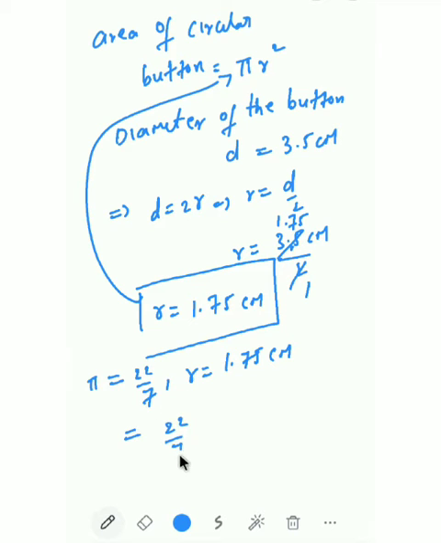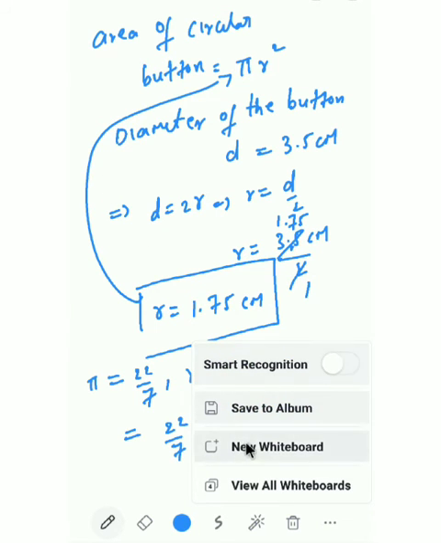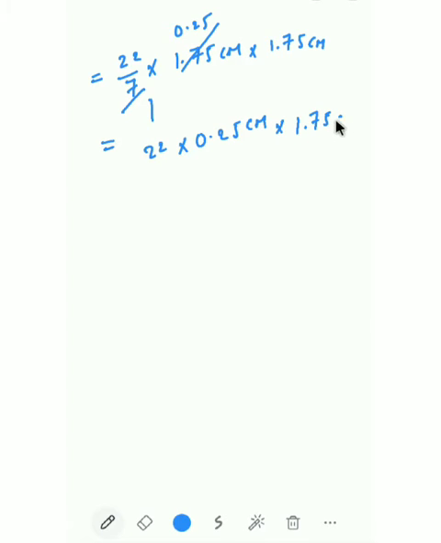So 22 by 7 into 1.75 centimeters whole square, that is 22 by 7 into 1.75 into 1.75. 7 ones are 7, so we get 22 into 0.25 into 1.75. Let us multiply 25 into 175.